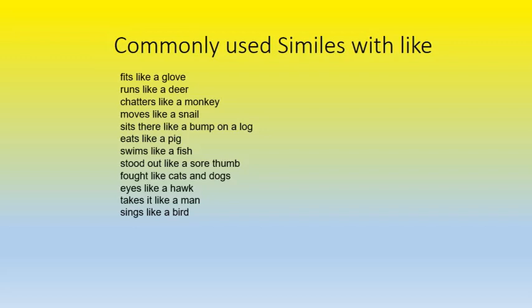Fits like a glove, runs like a deer, chatters like a monkey, moves like a snail, sits there like a bump on a log, eats like a pig, swims like a fish, stood out like a sore thumb, fought like cats and dogs, eyes like a hawk, takes it like a man, sings like a bird.